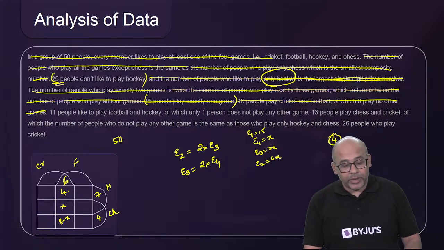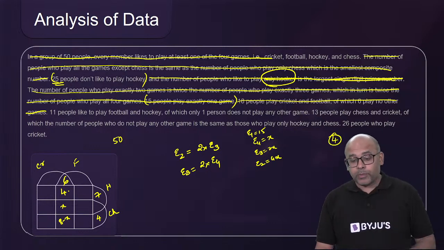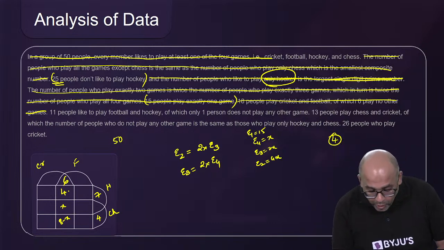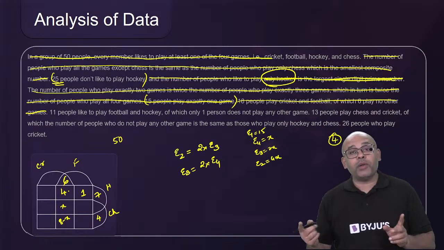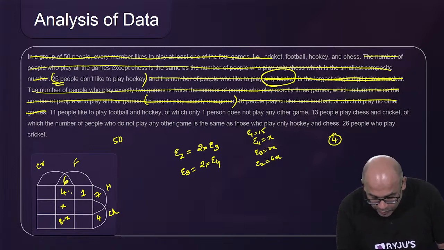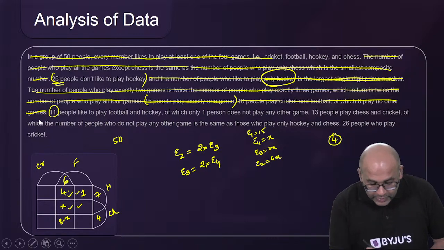11 people like to play football and hockey, out of which only 1 person does not play any other game, which means football and hockey only is 1. Total football plus hockey, with all other games included, is these 4 boxes together, which is 11.